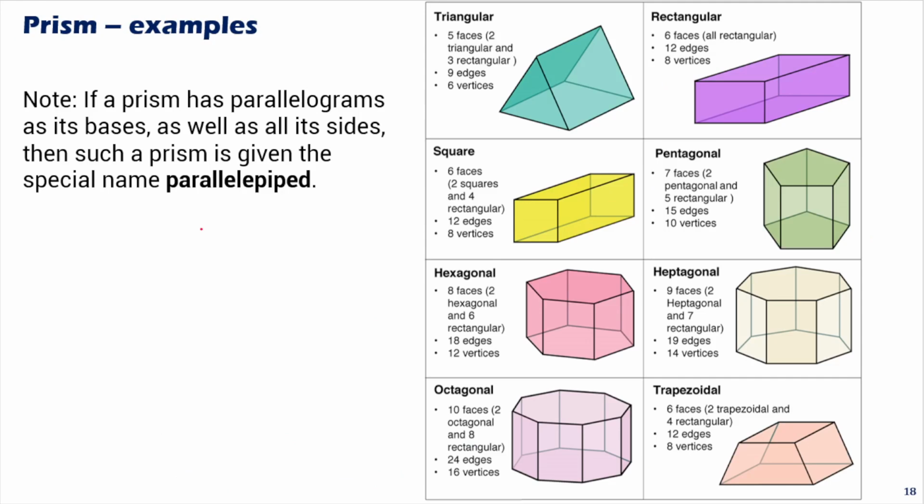Okay, now let's have a look at some examples of prisms. Note that if a prism has parallelograms at its bases, as well as all its sides, then such a prism is given a special name, parallelepiped.